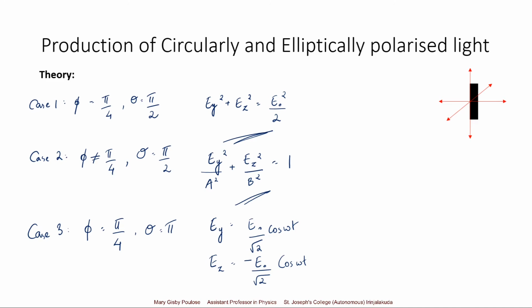So from here we understand that the emergent ray is a linearly polarized light in which its handedness is just inverted.